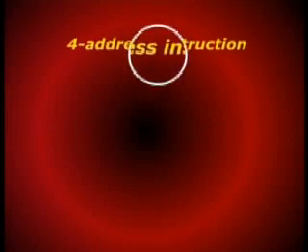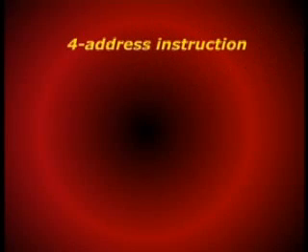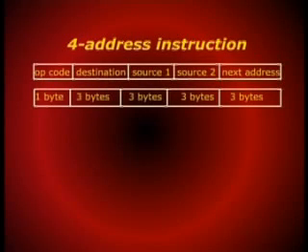Now this slide shows the example of a 4 address instruction. First of all, the first part of the instruction indicates opcode, the next part destination, then source 1, source 2 and the next address. 1 byte is required for opcode. The destination address is specified by 3 bytes.